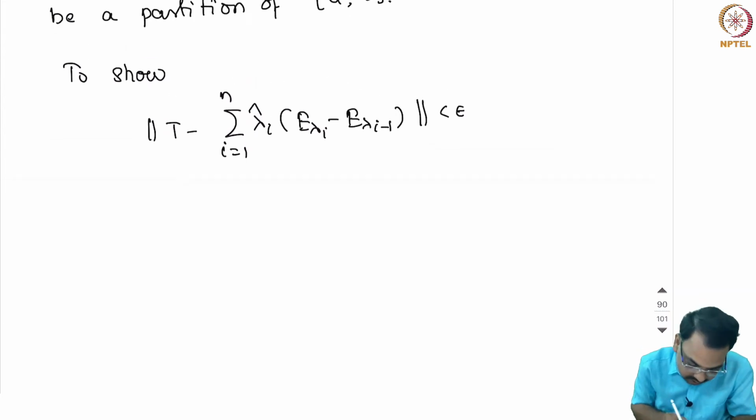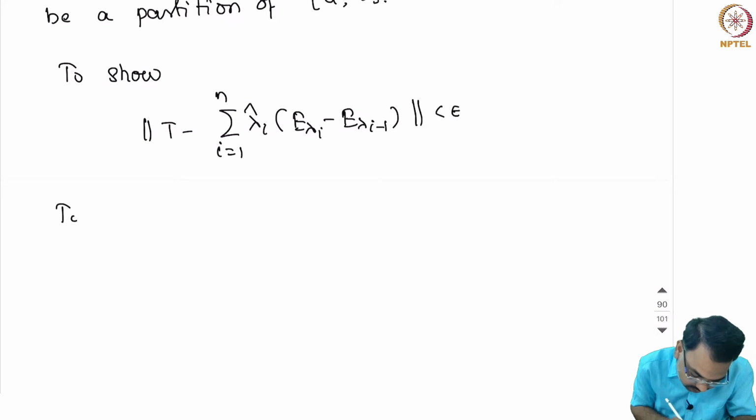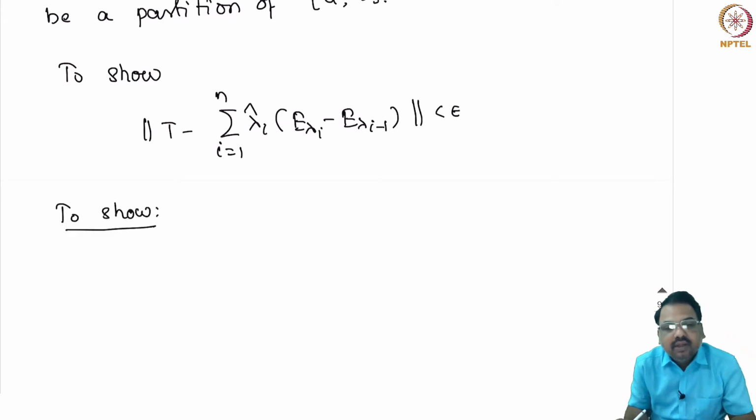Okay, that means we want to show that now T is a self-adjoint operator, and the operators in this summation are also self-adjoint.